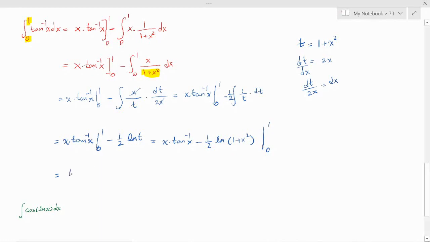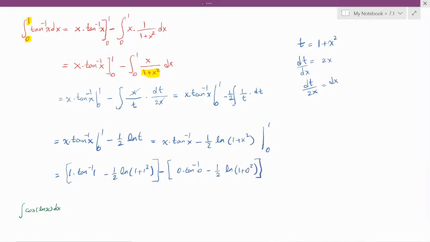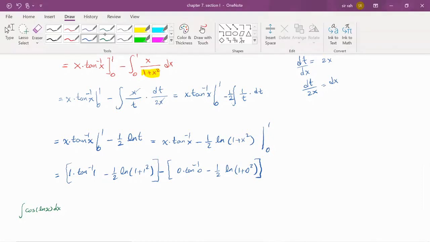Replace 1. You'll have 1 times tan inverse of 1, minus 1/2 ln of 1 plus 1 squared, minus, if we replace 0, 0 times tan inverse of 0, minus 1/2 ln of 1 plus 0 squared. Some of these are simple numbers you should be able to answer.